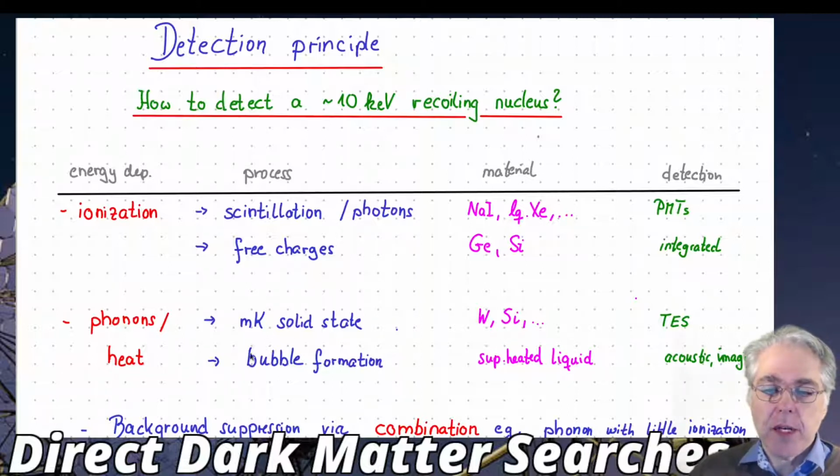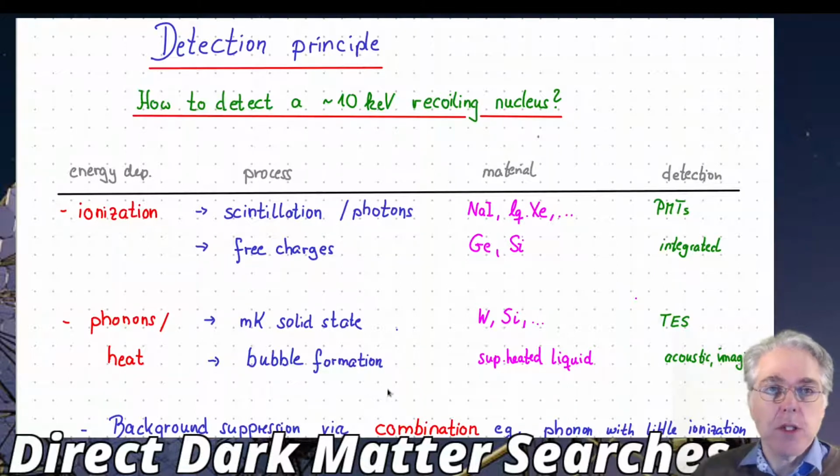Another way of detecting the energy dissipated in form of heat is to have a superheated fluid, which, when elastic scattering takes place, leads to the formation of bubbles. And these bubbles can be observed, for example, with a simple camera, with a CCD camera. And this is a very interesting way of detecting nuclear recoil, because the gamma background really doesn't matter here.